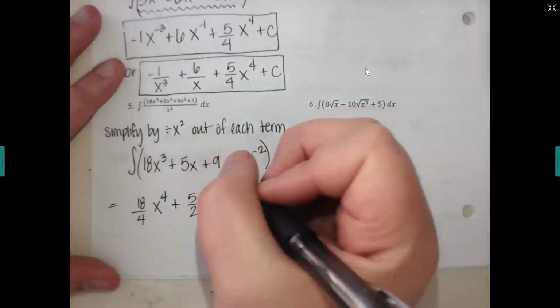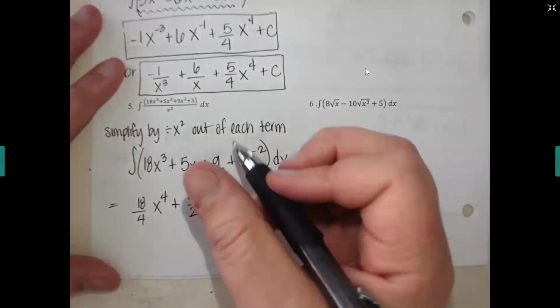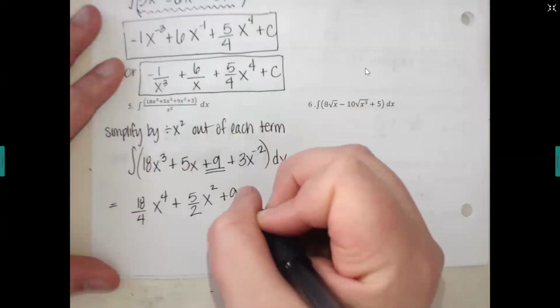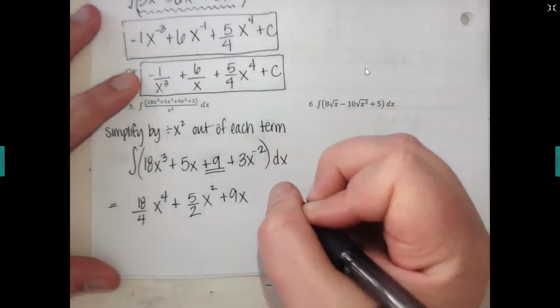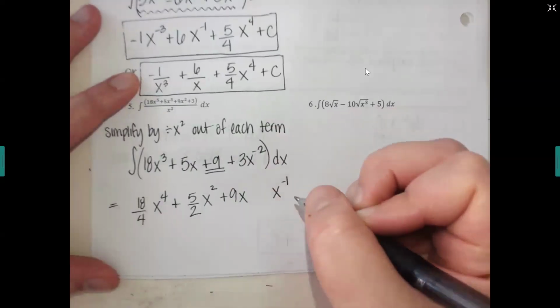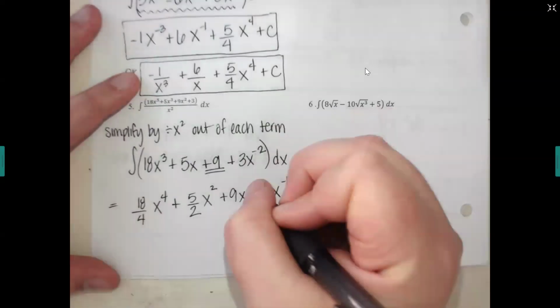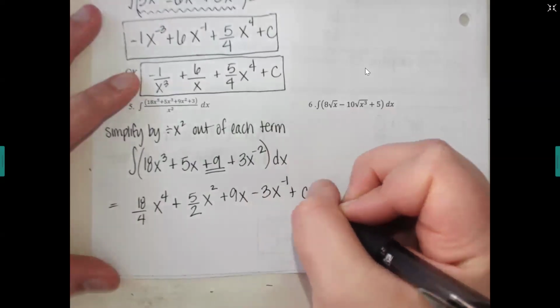My 9 is by itself. What's the antiderivative of 9? Just give it its x back. And then for my 3x to the negative 2, if I add 1, what's the new power? Negative 1, and then divide that on the 3. Now it's a minus 3 plus c.